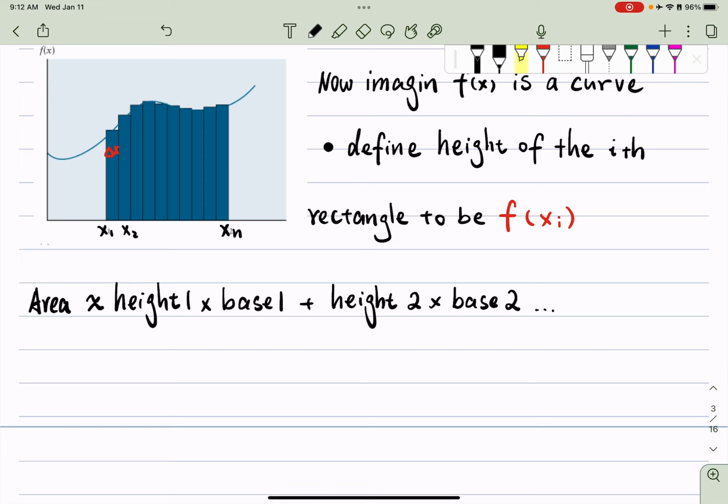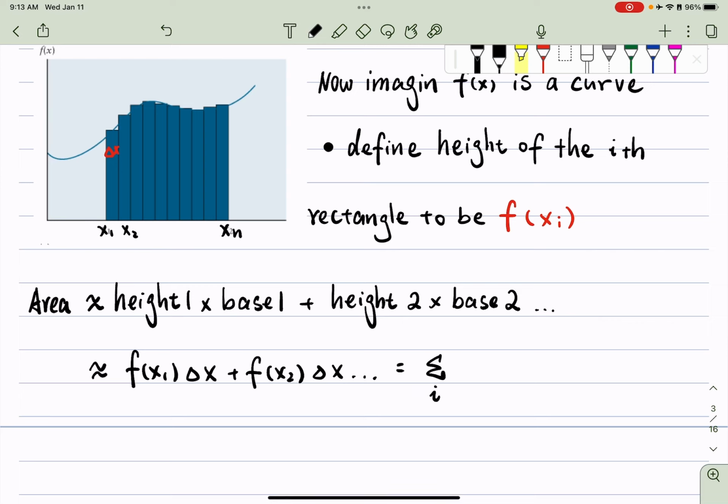So it depends on how many steps we're taking. For each step, we can estimate it to be f(x1), my height 1, times delta x, plus f(x2) times delta x, and all the way through. Or you can write it as a sum.